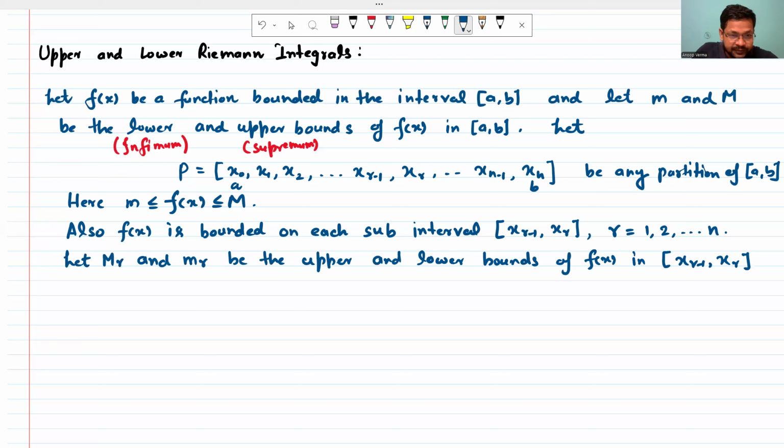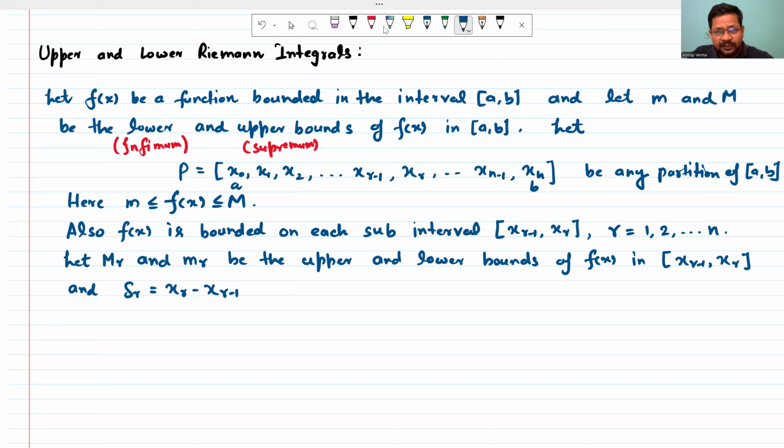And I'm just taking this delta r equal to xr minus x(r-1). It means the length of the interval is represented by delta r.